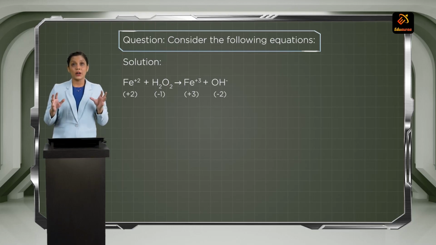Now, for this particular equation, since Fe is in its lowest oxidation state, hydrogen peroxide acts as an oxidizing agent and converts Fe plus 2 to Fe plus 3 and itself gets reduced, as in oxygen goes from -1 to -2 and becomes OH minus.